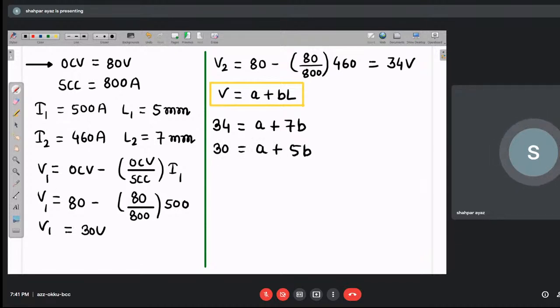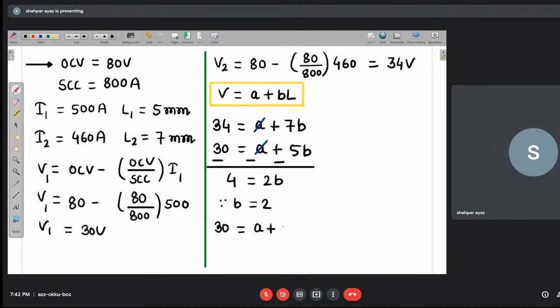Two equations, two unknowns, just subtract. A cancels. 4 is equal to 2B, B is equal to 2. When B is equal to 2, A is equal to what? 30 is equal to A plus 10.